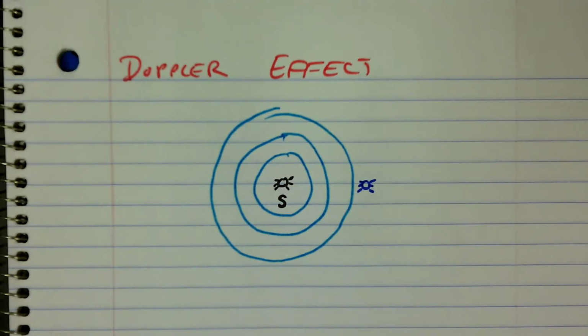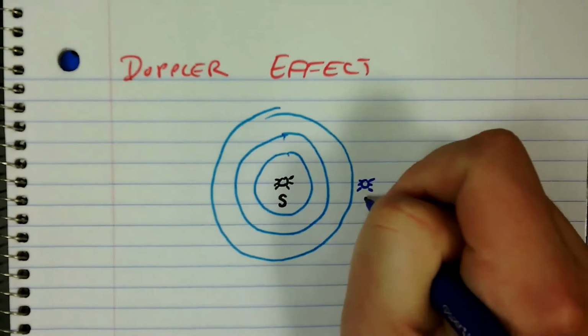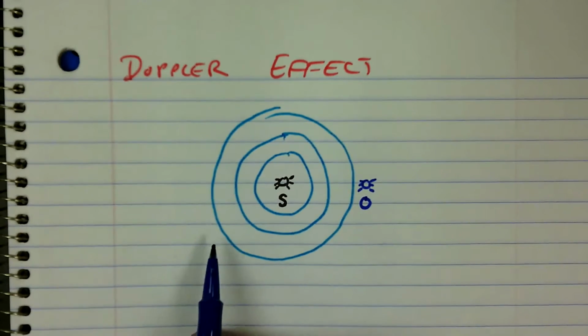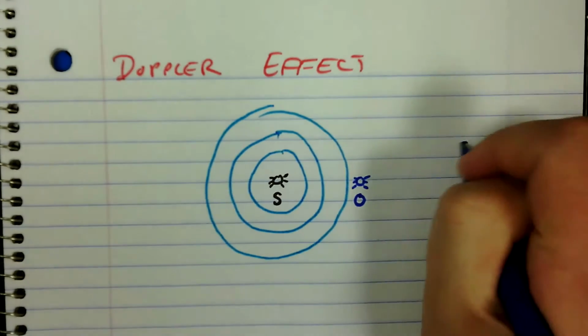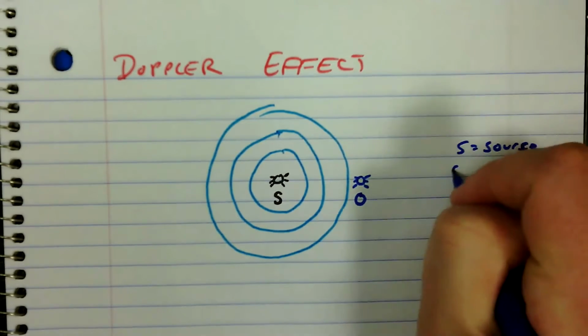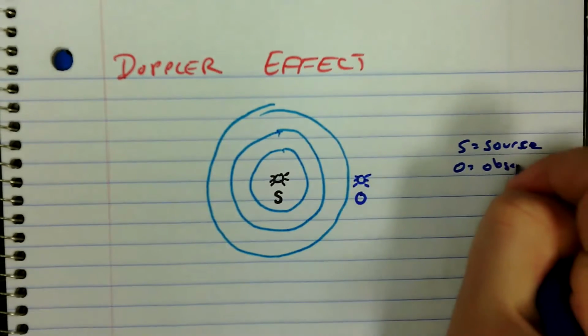He's going to bob every time that the ripple gets him. We're going to label your friend O, and the O means observer. S means source, O means observer.